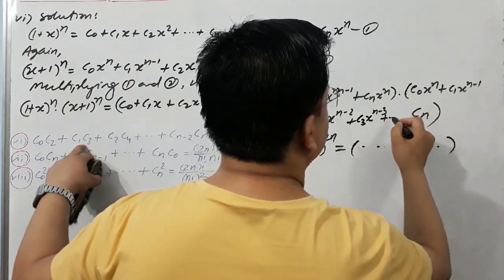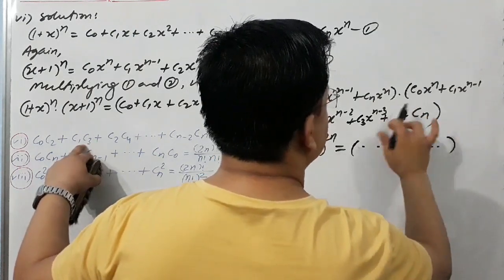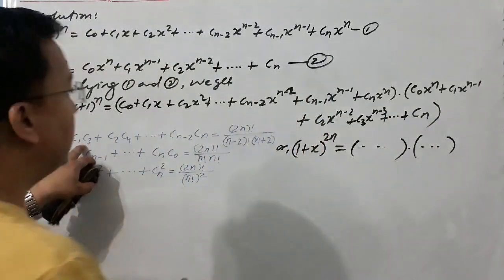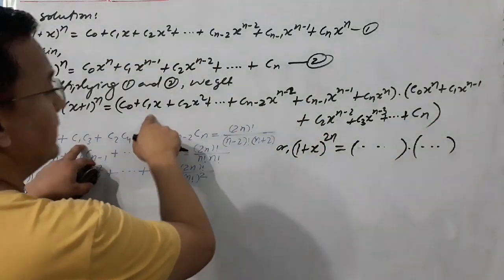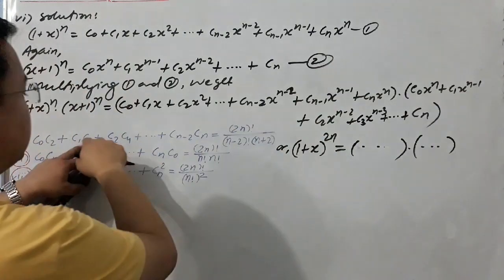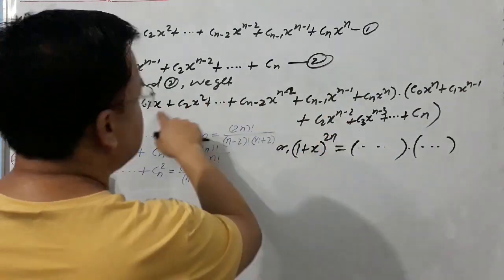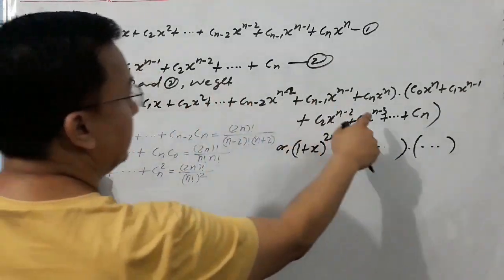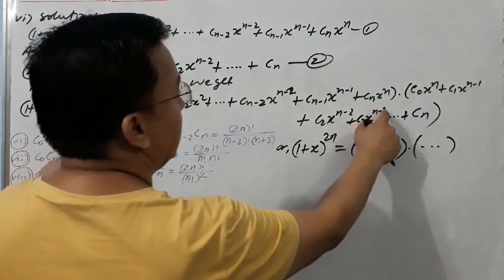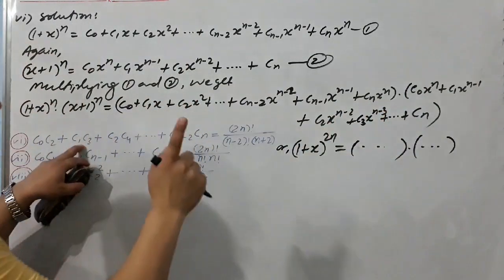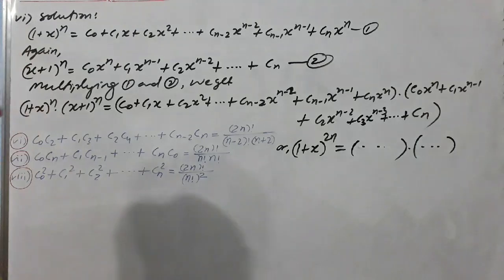C1 times C3: C1 has x to the power 1 and C3 has x raised to power n minus 3, so x raised to power n minus 2 you will get.